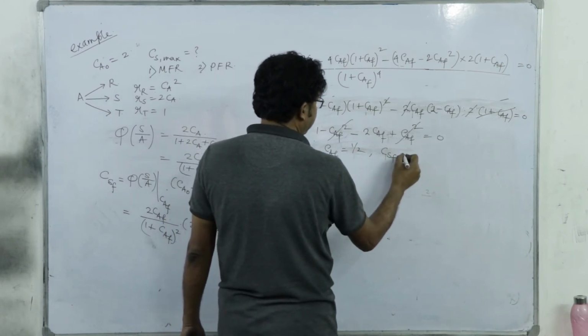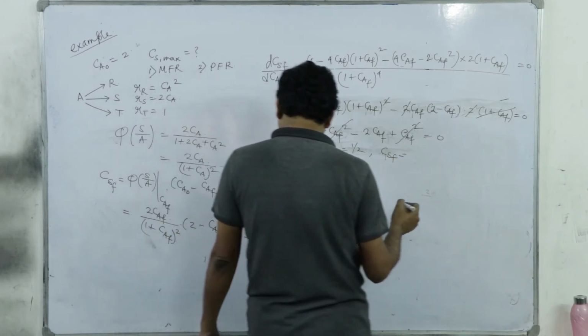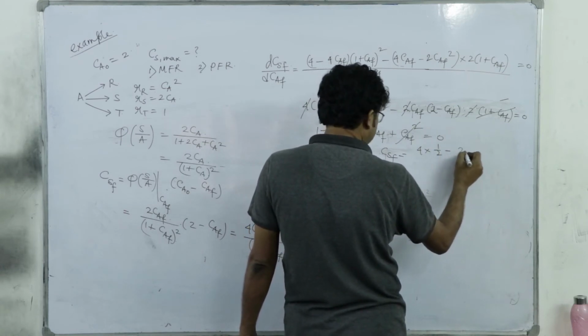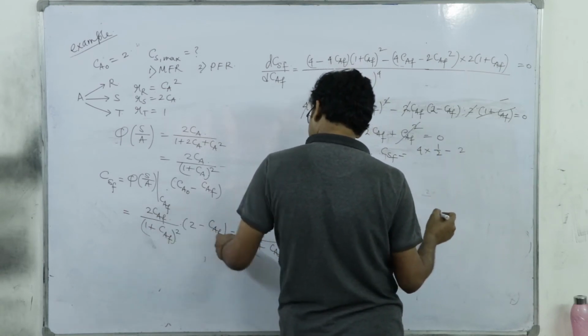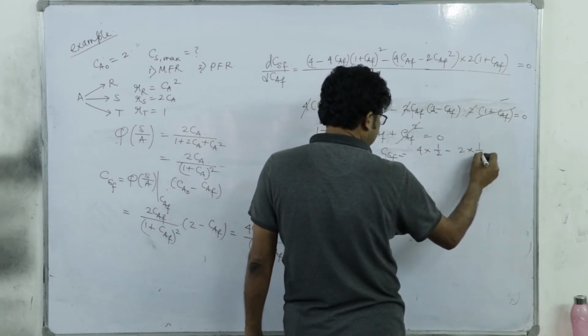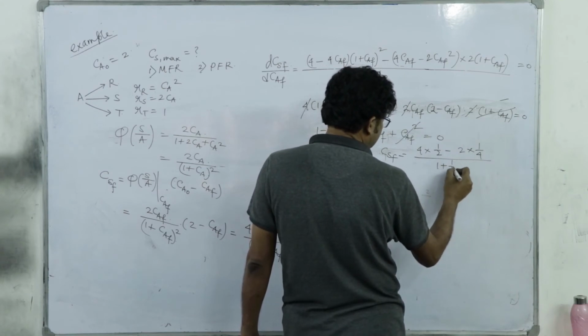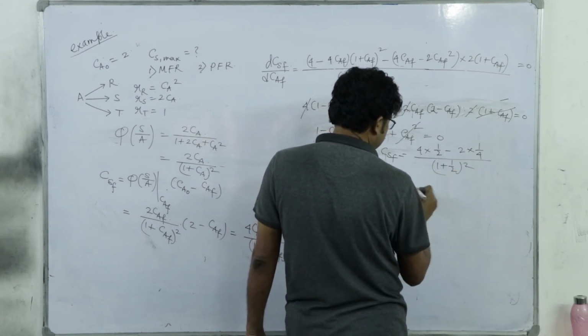So CSF is equal to 4 into half minus 2 into 1 by 4, divided by (1 plus half) whole square.